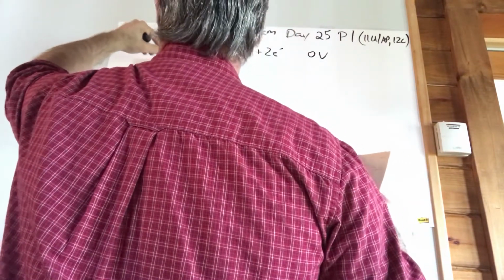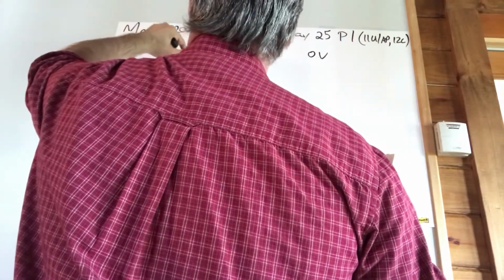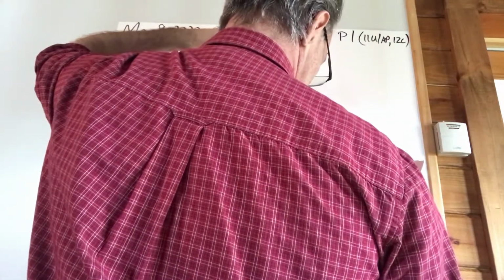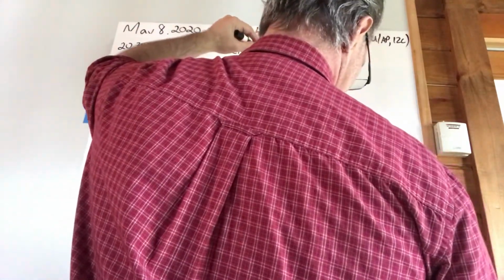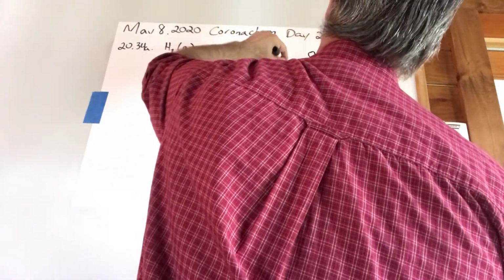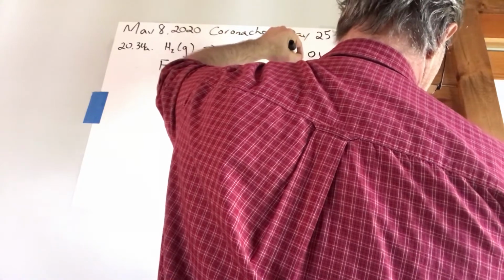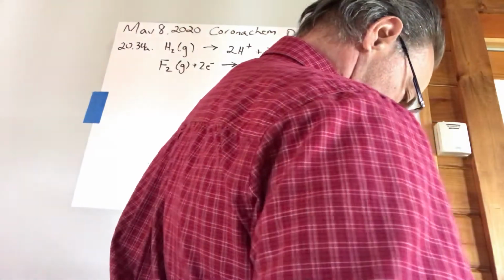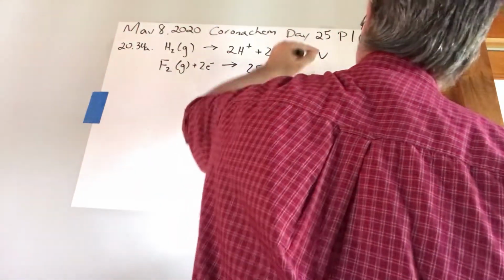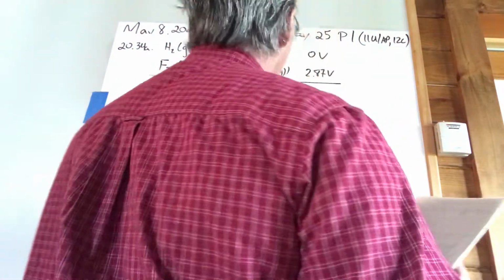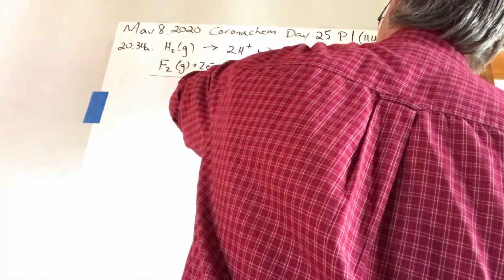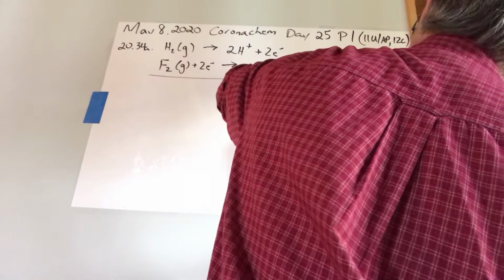And the other one is fluorine gas plus 2 electrons turns into two fluorides, aqueous, and that's positive 2.87 volts. So when you add those two half reactions together, E naught cell will become 2.87 volts.